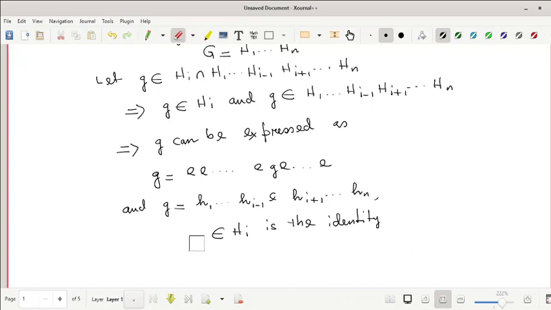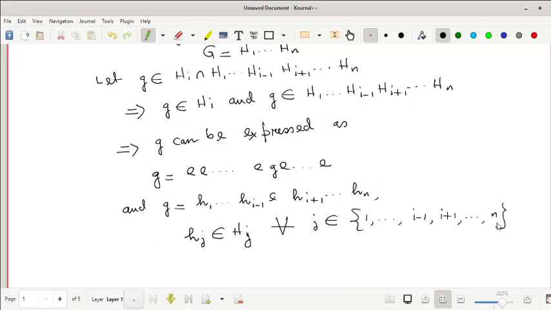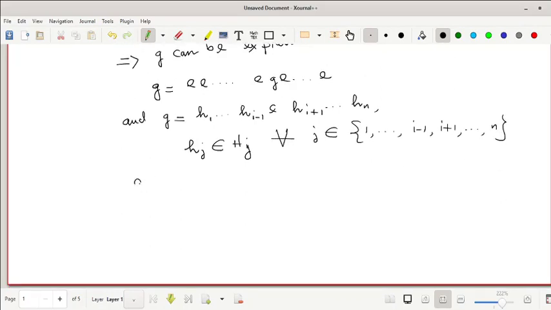So I can say that hj belongs to capital Hj for all j belonging to the set 1, 2, 3 ... i minus 1, i plus 1 ... n, and e is the identity element of G, right?